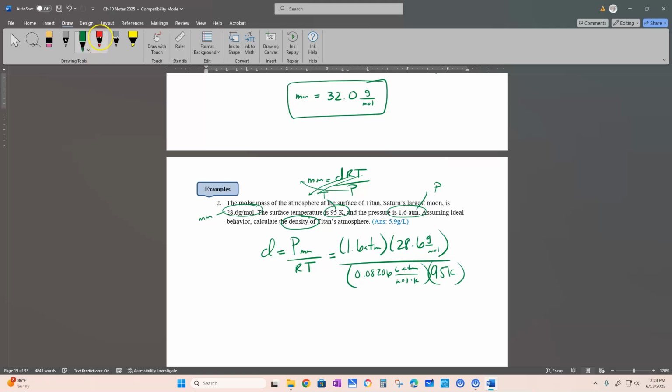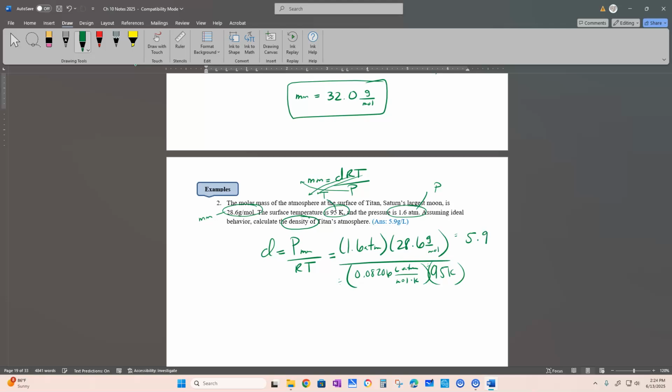Now, when you plug this in, ladies and gentlemen, remember, we're going to hit your equal sign and then divide, because you're dividing by two numbers. So 1.6 times 28.6, and then divide 0.08206, and then divide 95. Looks like we're going to use 2 sig figs, so my calculator said 5.9.